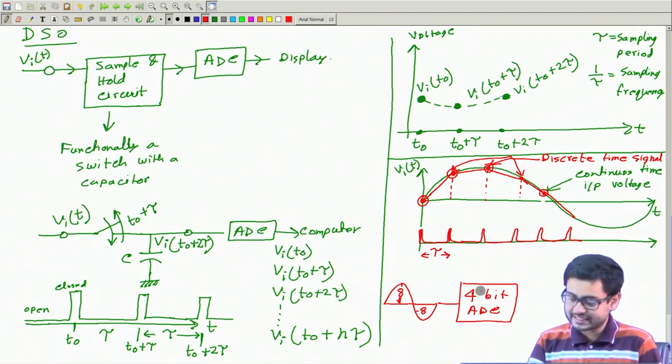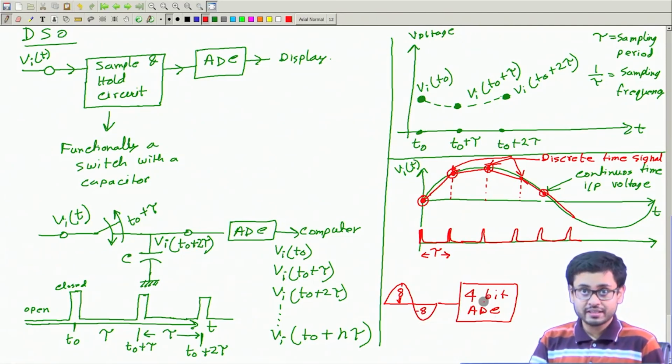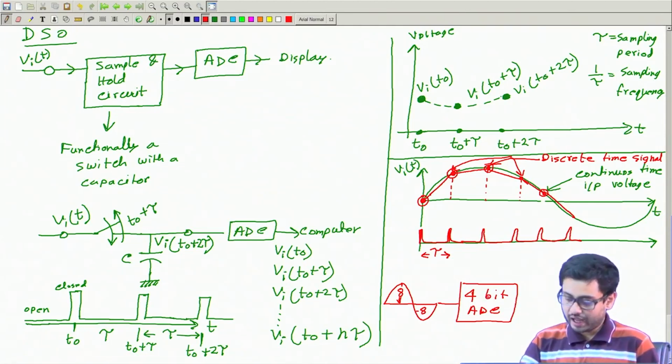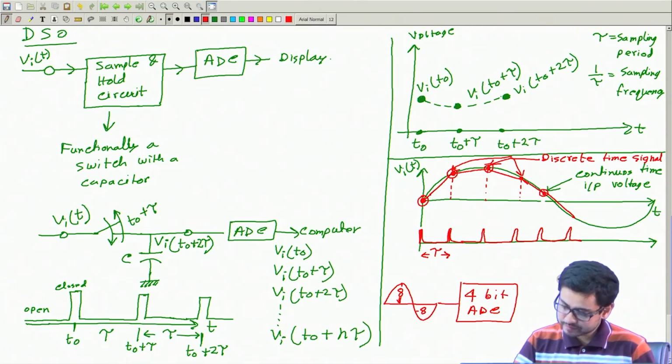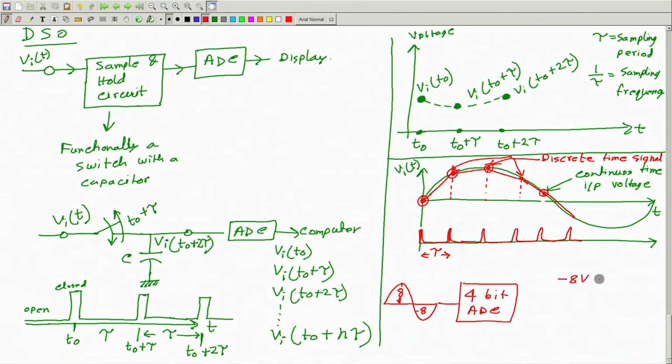This is a 4-bit ADC, so it can give you only 16 different outputs, and possibly it will map, say, minus 8 volt to 0 0 0 0. Then minus 7 volt will get mapped to 0 0 0 1, minus 6 volt will get mapped to 0 0 1 0, and so on.